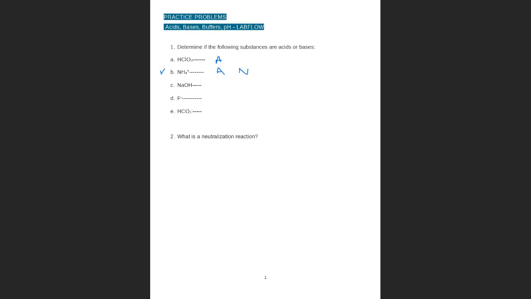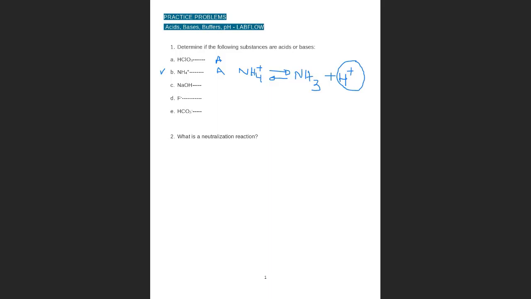So if we have ammonia, actually ammonium can form ammonia plus a proton. It can donate a proton.